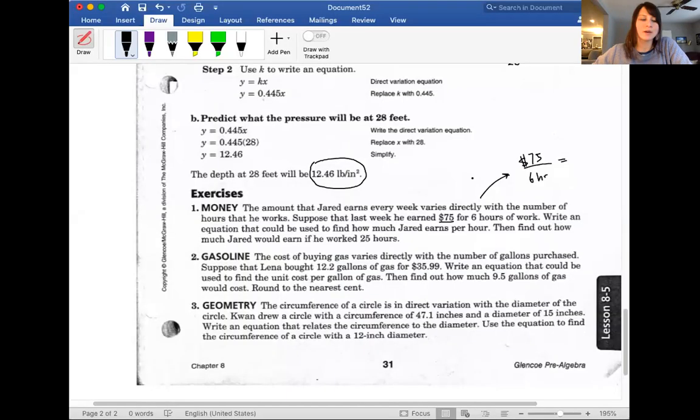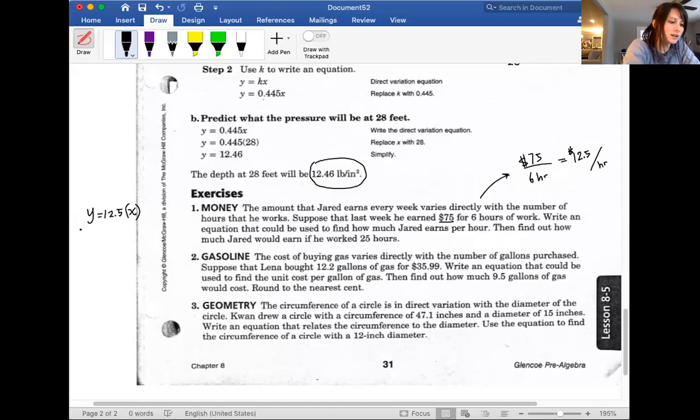Okay, so we found out that when we simplify this, it would be $12.50 per hour, really is kind of that rate. Okay, and so now we want to predict, we're going to write it as an equation. So I'm going to say Y equals 12.5 times X. And now we're saying, well, how much would he earn if he worked 25 hours?